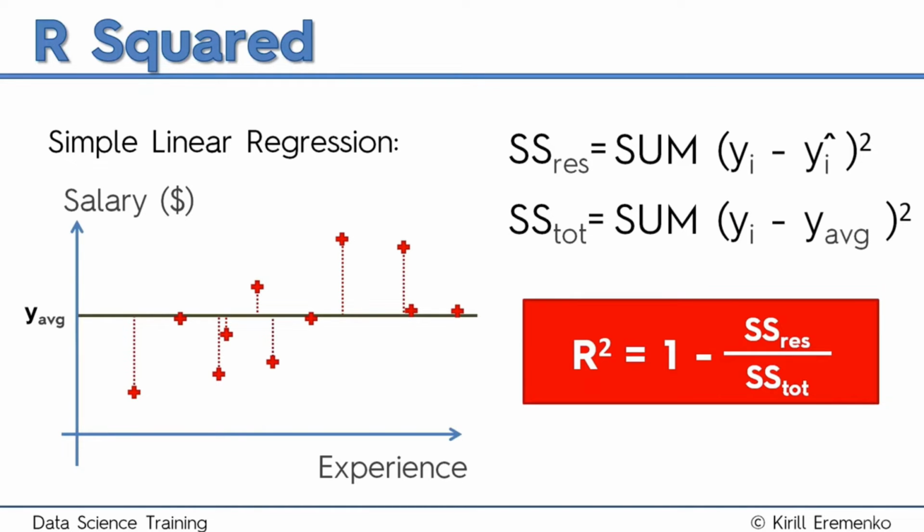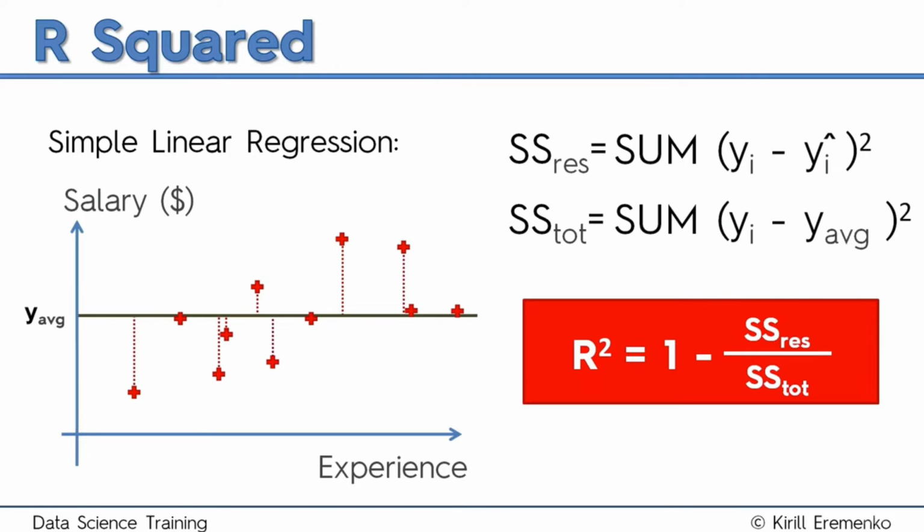So the total sum of squares will always be some sort of value. And what you're trying to do with your regression is fit a line to minimize, as we discussed previously, the sum of squares of residuals, to make it as small as possible.